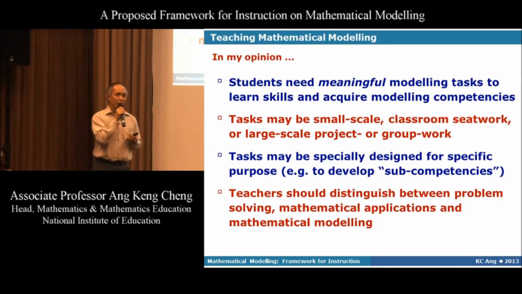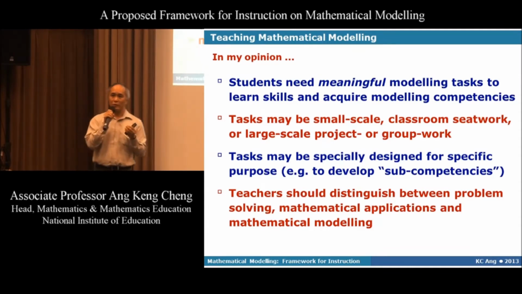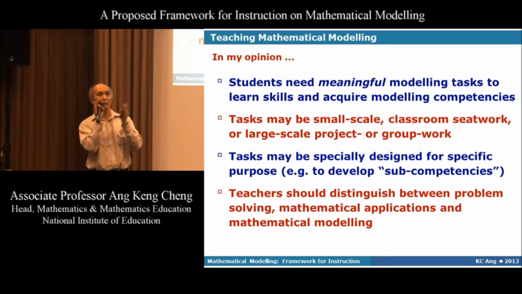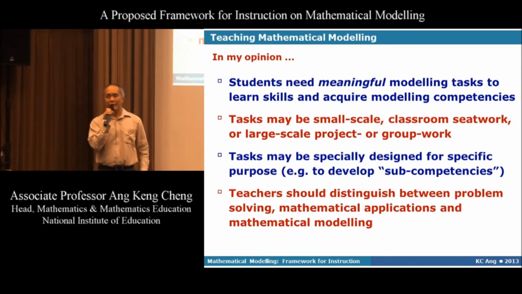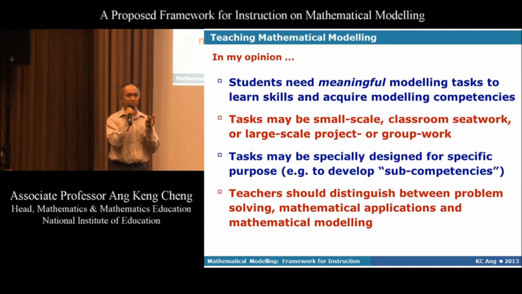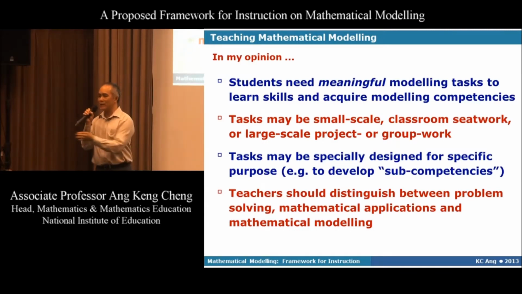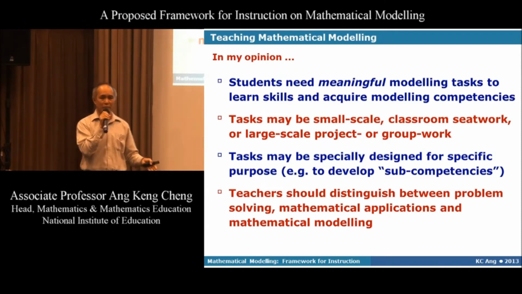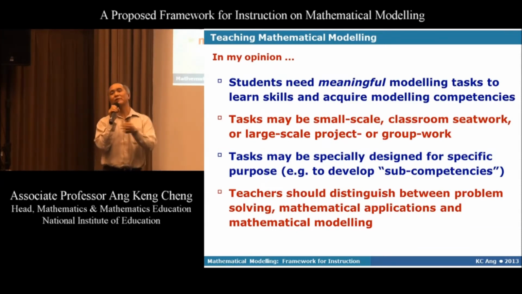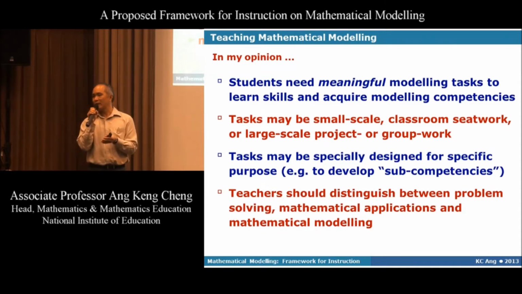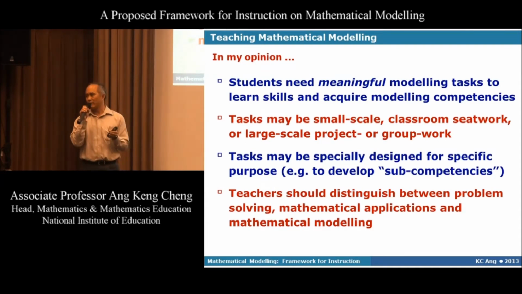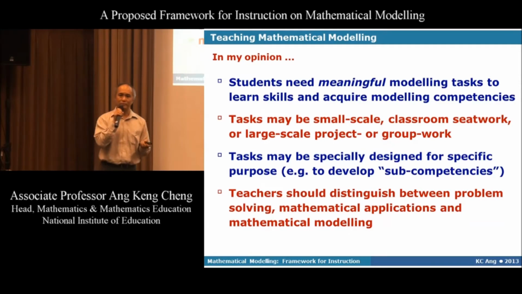Whereas in mathematical modeling, as you have seen earlier on, we usually start with a problem, not the mathematics. We start with a real-life problem, and then we look around and see what kind of mathematics I can use to solve that problem. So you may have one problem but many different solutions using different topics in mathematics, using different mathematical skills, to tackle the problem.